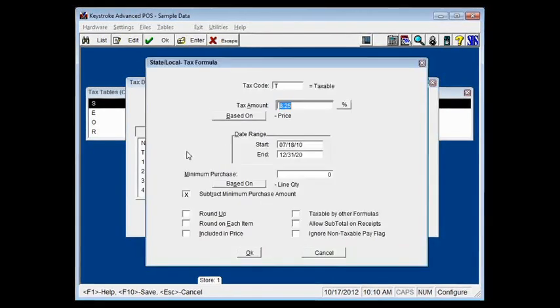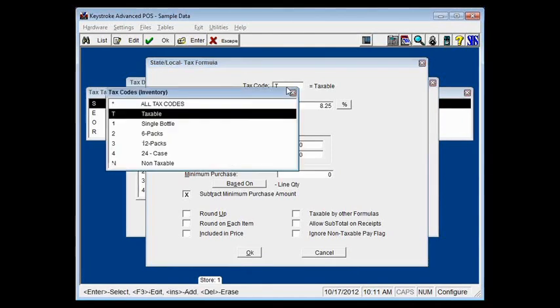So let's take a look at T taxable. When you start a formula, first you have to define the tax code it's going to work for, which is on the inventory items. If you hit F2 or insert when you're in that field, it'll list all of your tax codes that you may have on various inventory items.